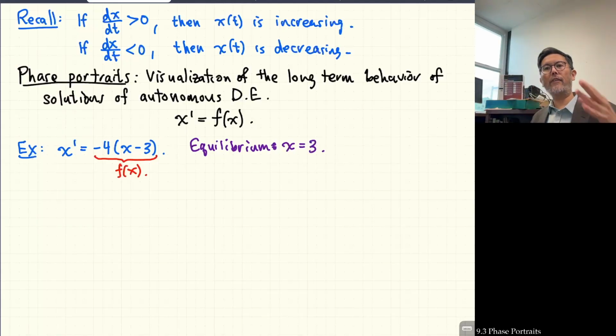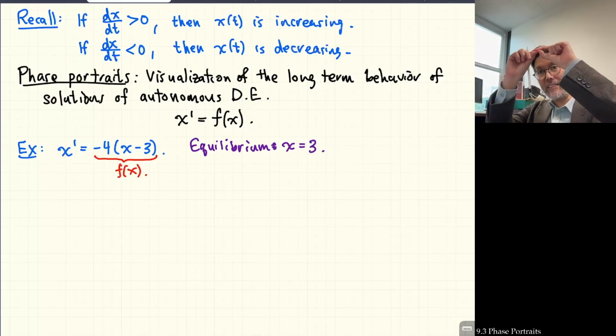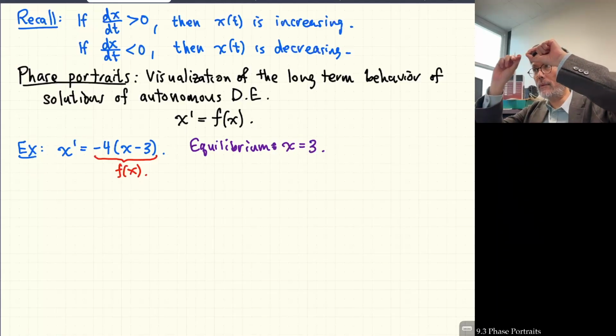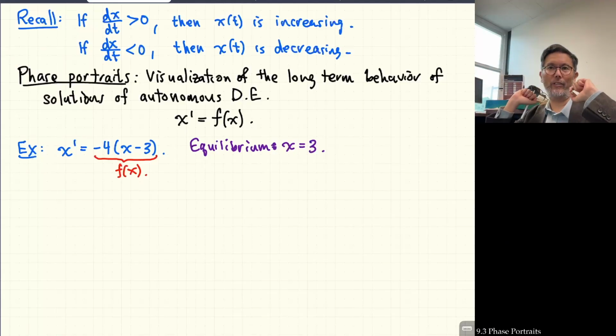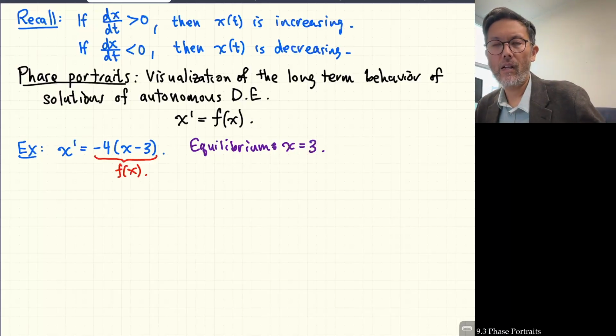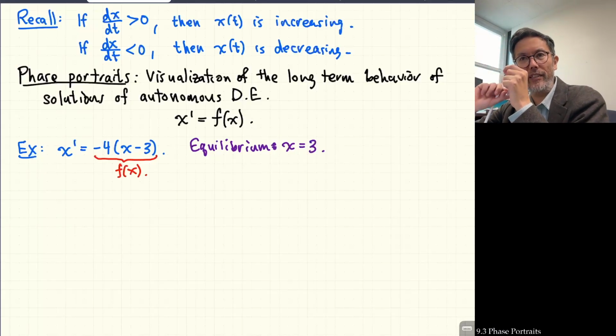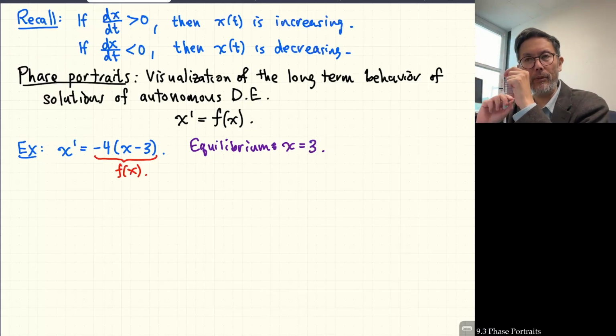And the point is that if you are at x equal to 3 at some time, then you're going to be forever equal to 3. But what happens if you are a little bit off of x equal to 3, either a little bit above or a little bit below? What is your fate?